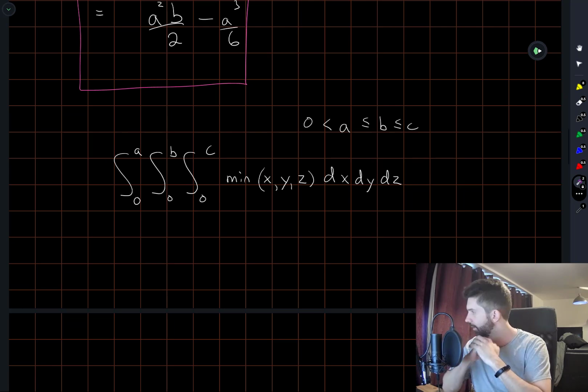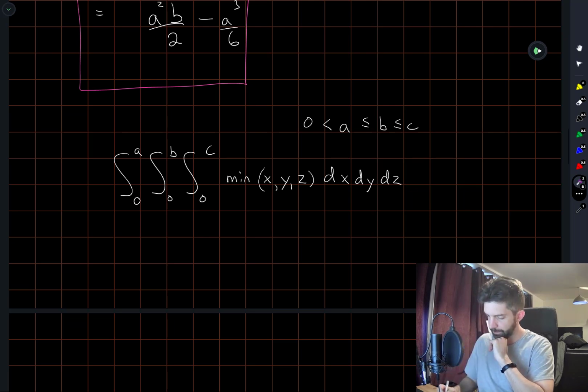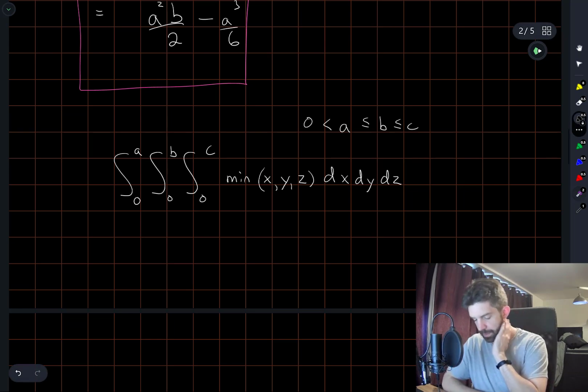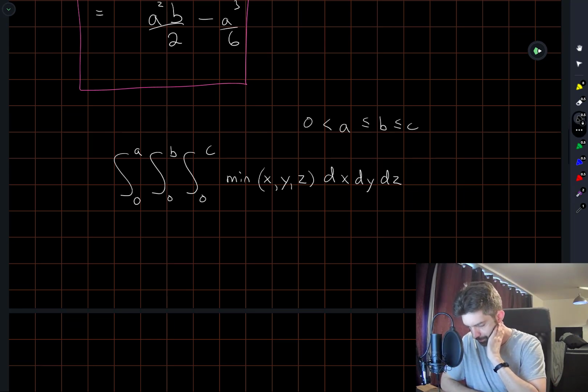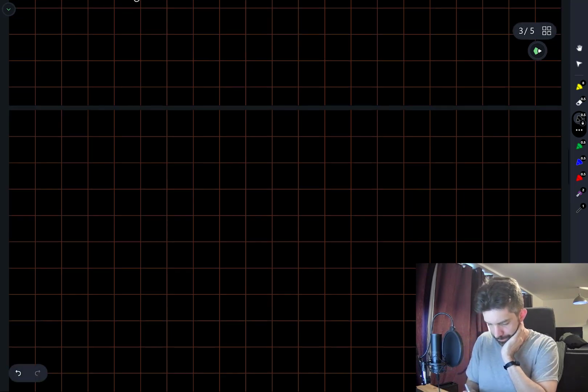Now it's a lot harder to draw a picture and visualize the domains that we're integrating over. Would that be a disaster, trying to draw a 3-dimensional thing here?